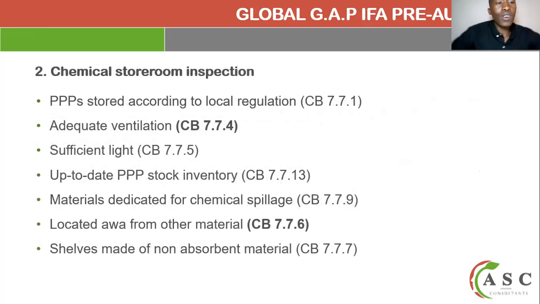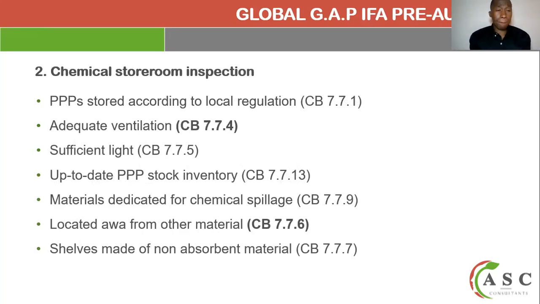So now let's have a look at what, in my opinion, constitutes one of the most challenging aspects of the whole GlobalG.A.P. inspection, which is the chemical storeroom inspection. In the chemical storeroom inspection, auditors are more likely to check if the chemicals inside the storeroom are stored according to the local regulations.